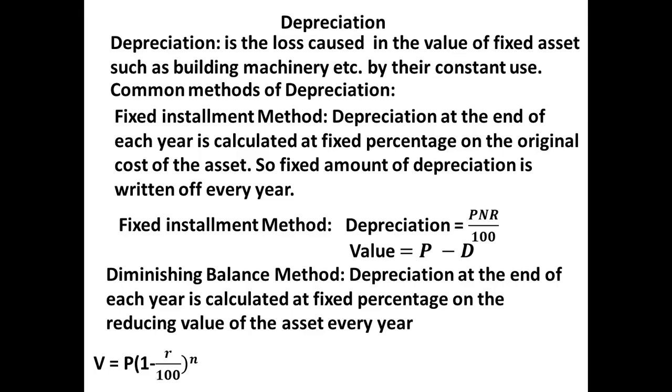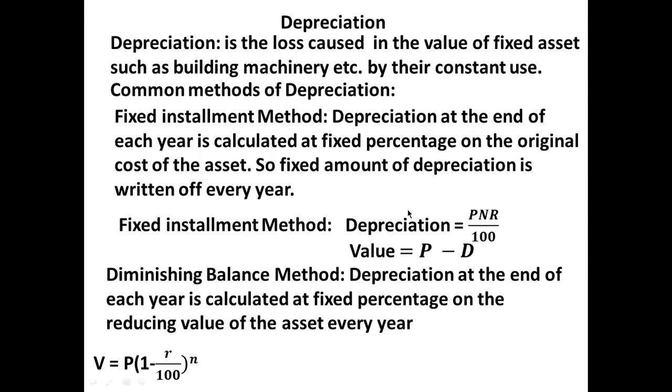The value after the given period is equal to P, the purchase price or original cost of the asset, times 1 minus R by 100 raised to N. In your interest equation, 1 plus is there because we add interest, but here depreciation is deducted. Therefore, here we use the minus sign.